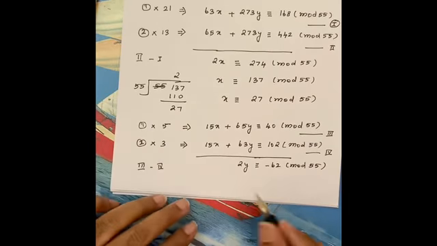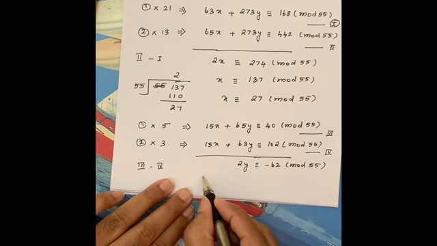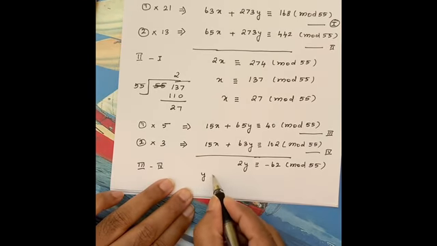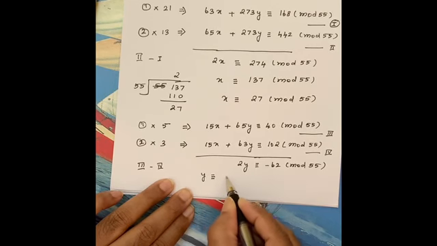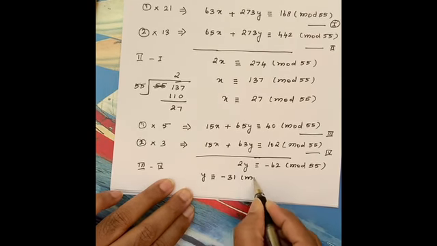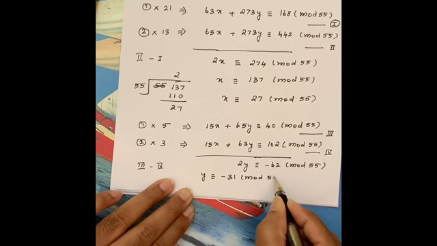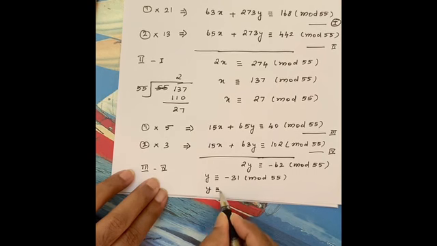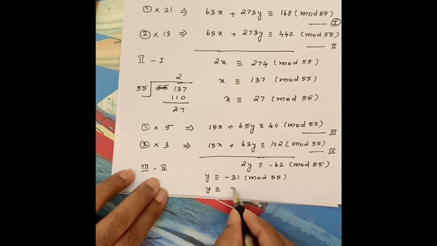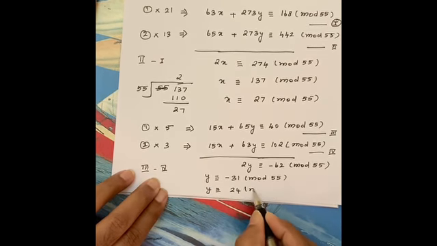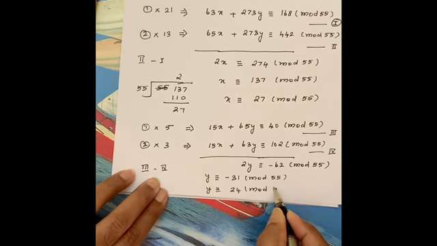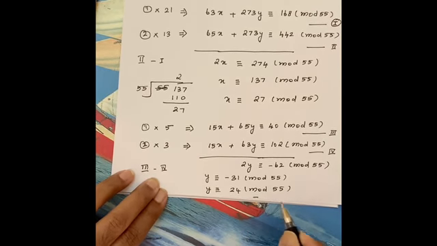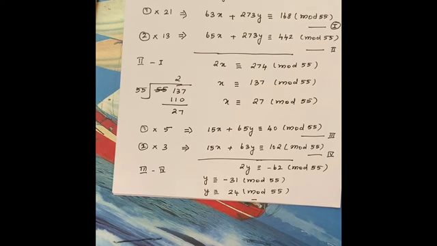You can see the y value by dividing by 2. So y congruent to minus 31 modulo 55. Minus 31 is the same as 55 minus 31, it is 24. So 24 modulo 55.